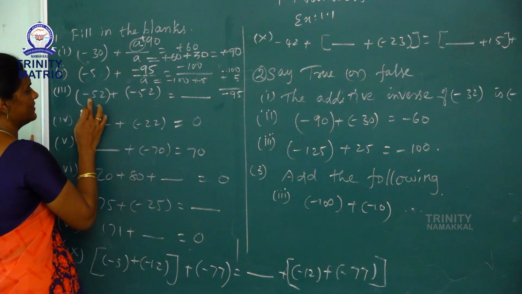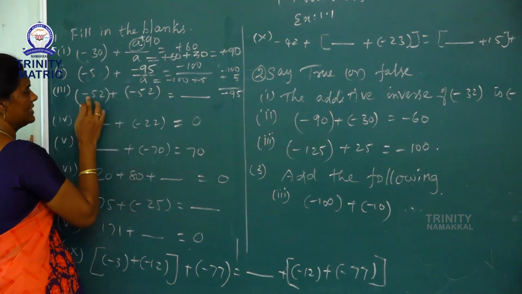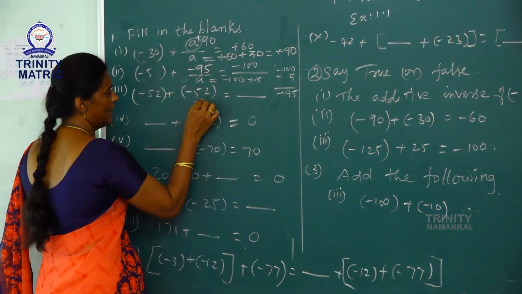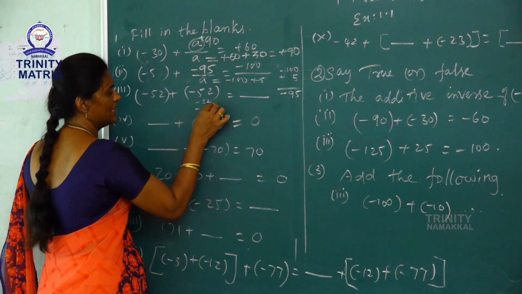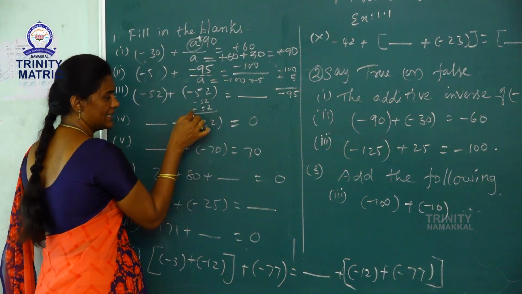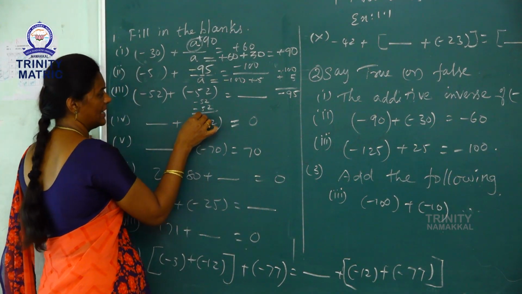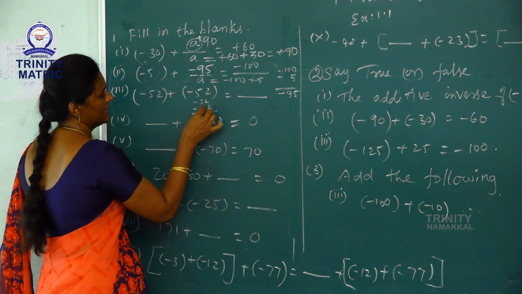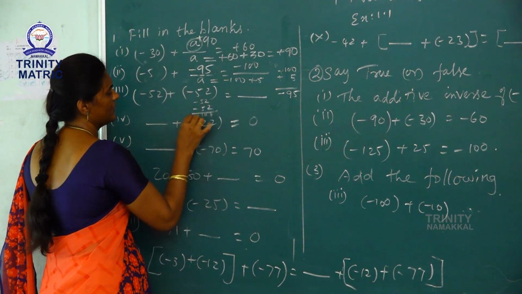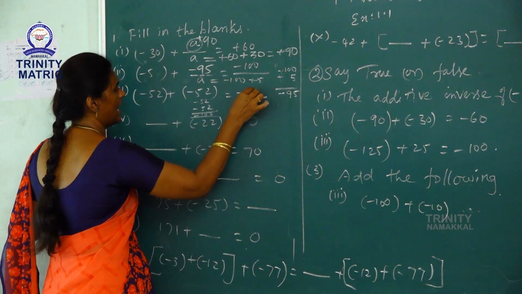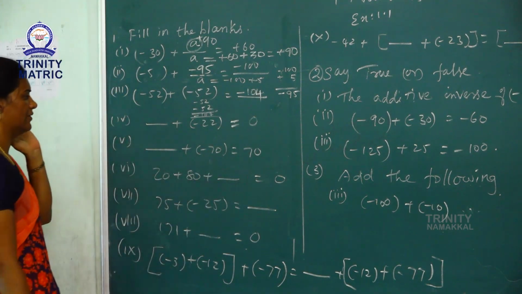Next, minus 52 plus minus 52. Listen here. Here the signs are same. Minus 52, minus 52. So we put the same sign in the answer. We add these two integers. We get 104. That is, the answer is minus 104.